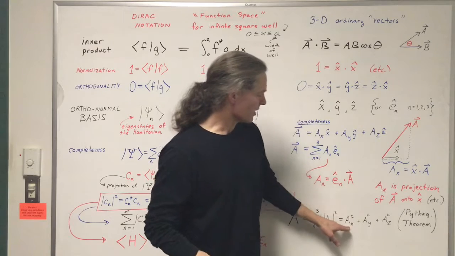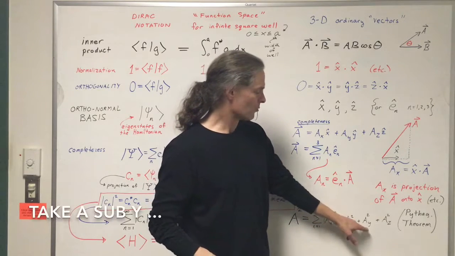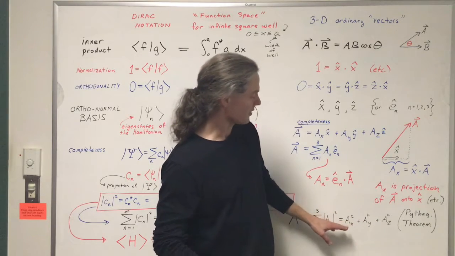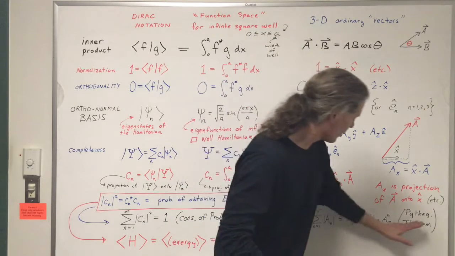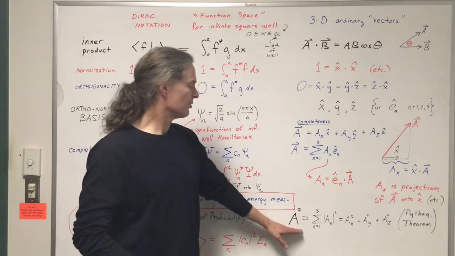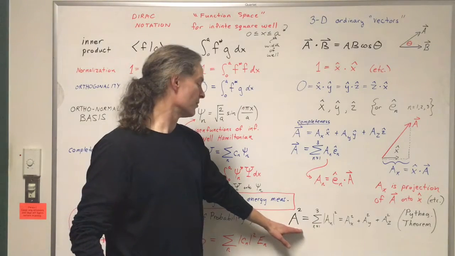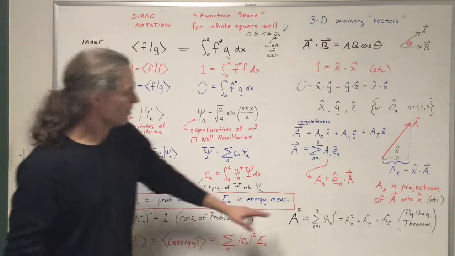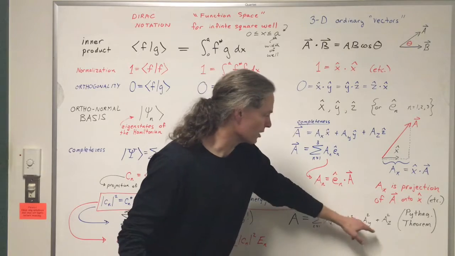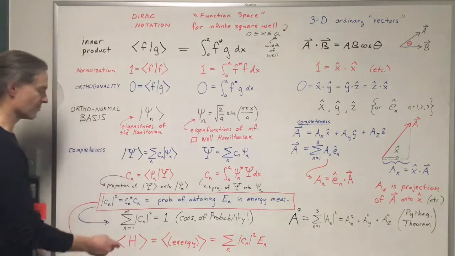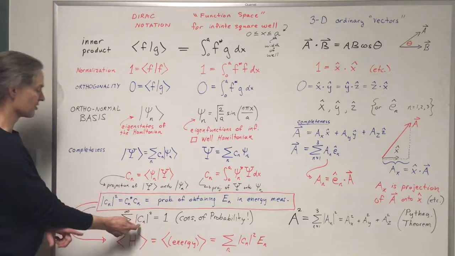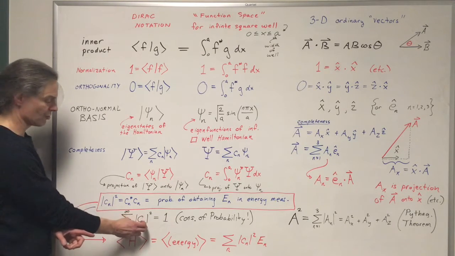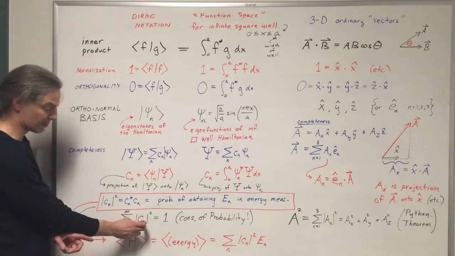If we take a sub x, square it, take a sub y, square it, take a sub z, and square it, and add them all up, you get the square of the magnitude of the vector A. So a sub x squared plus a sub y squared plus a sub z squared is mathematically the same thing as the absolute square of c1 plus the absolute square of c2 plus the absolute square of c3, and so on.